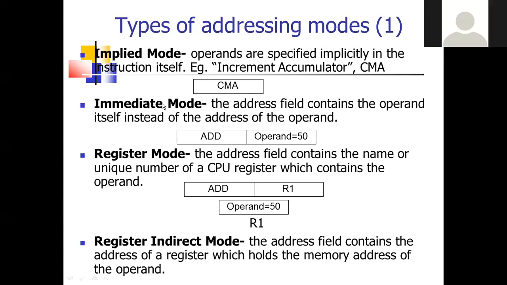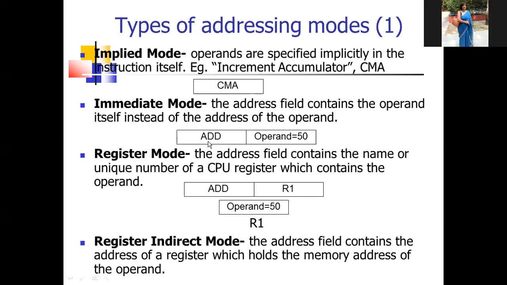Now we come to the immediate mode, another kind of addressing mode. The immediate mode says that the address field contains the operand itself instead of the address of the operand. In front of us is the instruction format, which, whenever it is brought from memory and stored in the instruction register, will appear in this format.